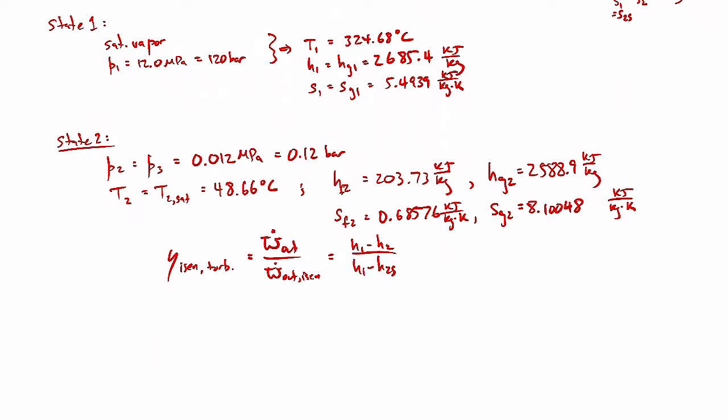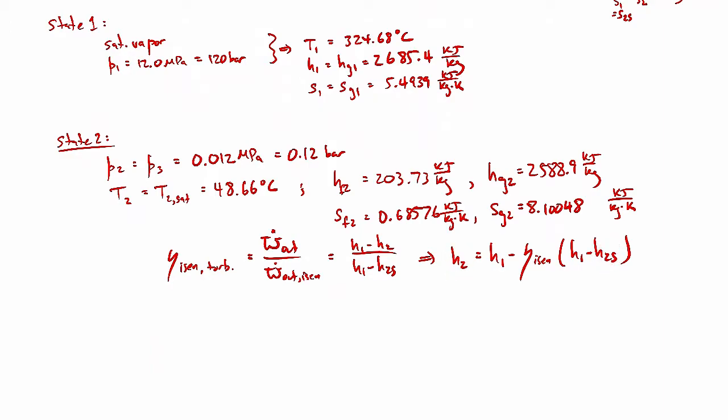So if I do some rearranging here to solve for H2, I'll get the following. H2 is equal to H1 minus the isentropic efficiency times (H1 minus H2s). So I already know H1, I figured that out. I know the isentropic efficiency, that's given. So if I can find H2s, then I can find H2.